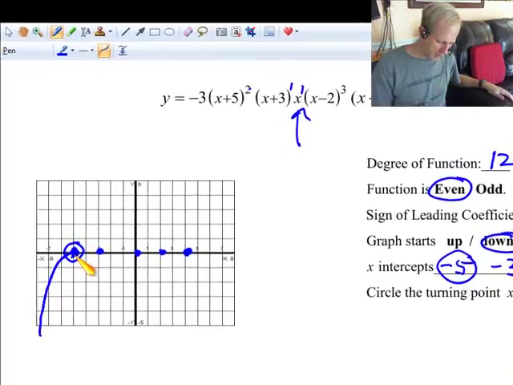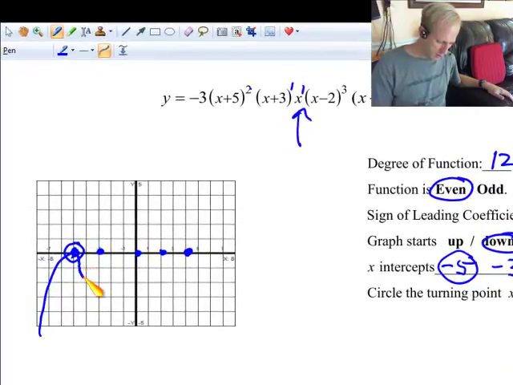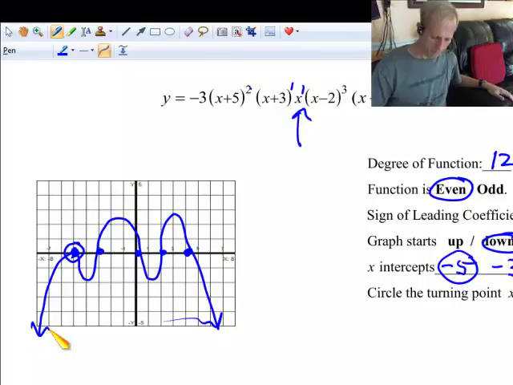Oh, it's a turning point, so I bounce off of it, turn around, go to the next one. That one I'm going to go straight through, turn around, go straight through the next one as well, and the next one, and the last one. And that's the shape of my curve.